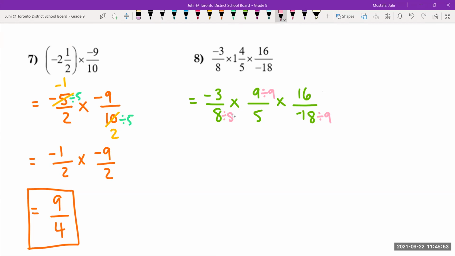Good job. 8 divided by 8 and 16 divided by 8. So when I do all of this math, 9 divided by 9 will be 1, 16 divided by 8 will give me 2, and -18 divided by 9 is going to give me -2.